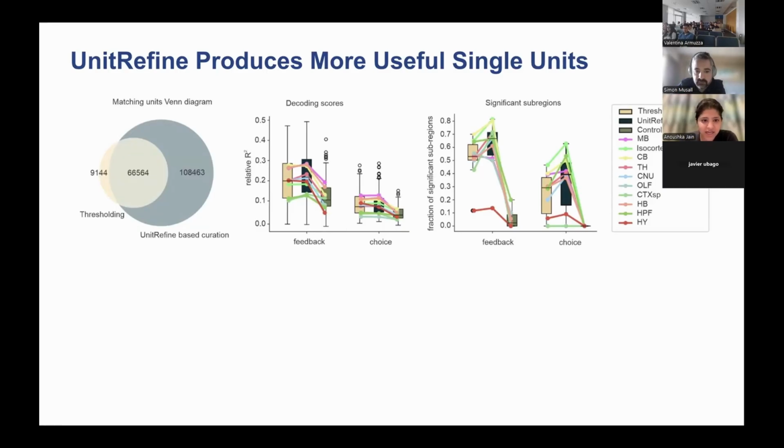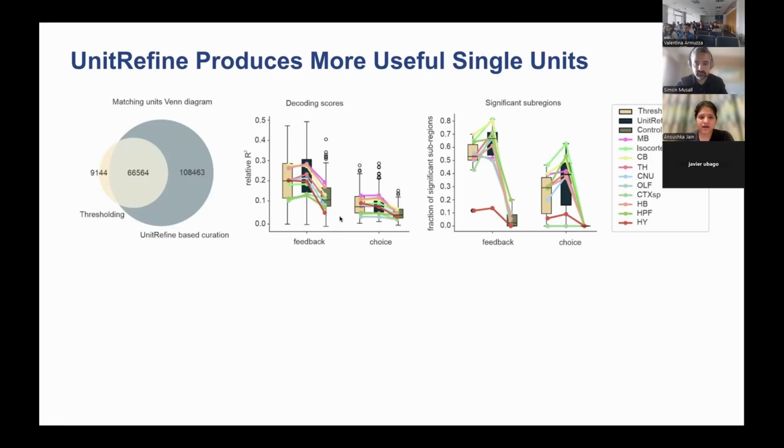If you have a mouse which is doing a task, this result is out of 699 IBL sessions, so a huge amount of recordings. And what we see is that using UnitRefine, you do get a lot of single neurons out.